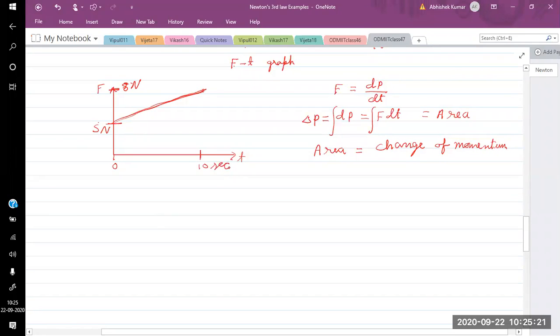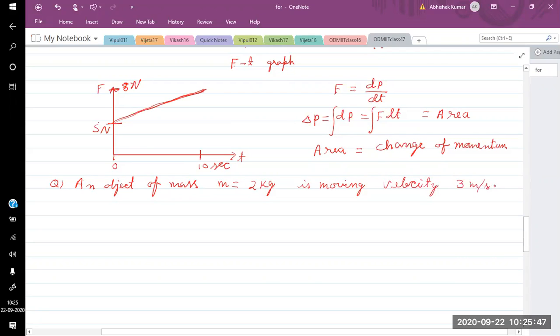According to this graph, suppose we have a question: an object of mass m equal to 2 kg is moving with velocity 3 meter per second initially.